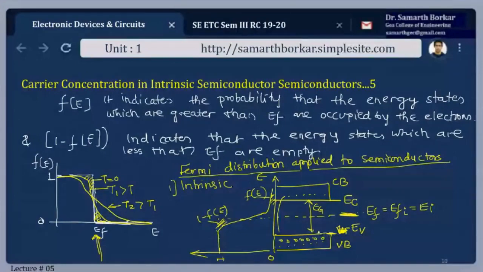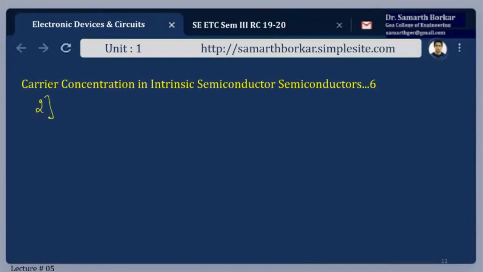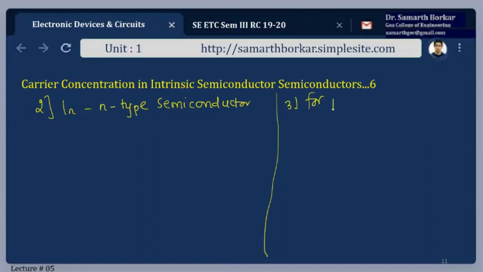Now, if we apply Fermi-Dirac distribution to this semiconductor, what will happen? I hope you people are noting this down. In n-type semiconductor, third, for p-type semiconductor.